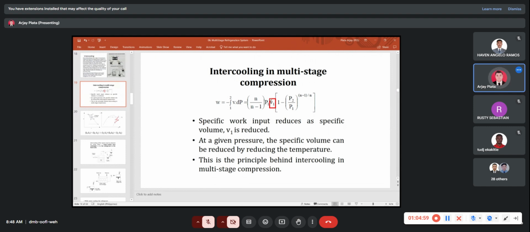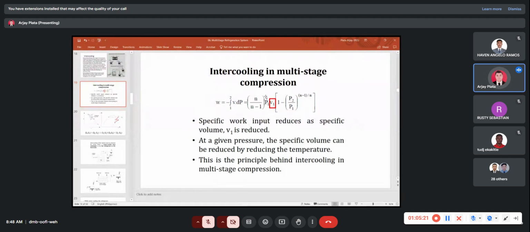So, if we have an intercooler, the pressure will be reduced and the corresponding specific volume will also be reduced. Also, the temperature will be reduced.